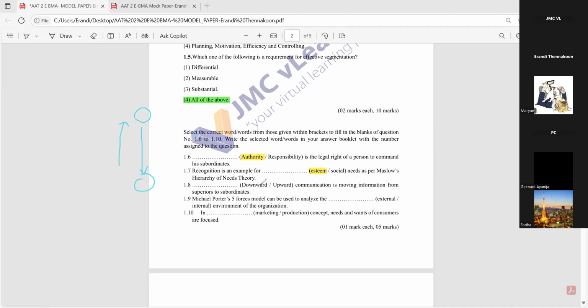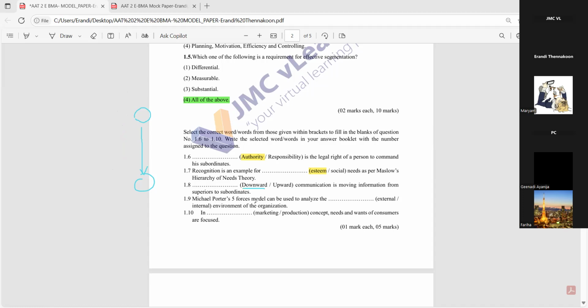According to this question, it's downward communication. It's moving information from superiors to subordinates, from here to here, right? So the answer would be downward communication.